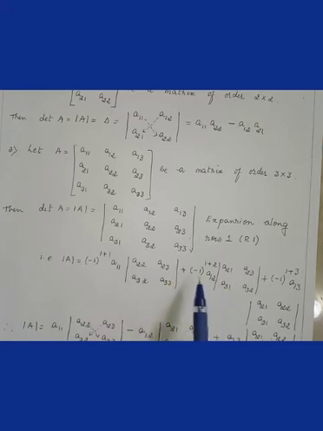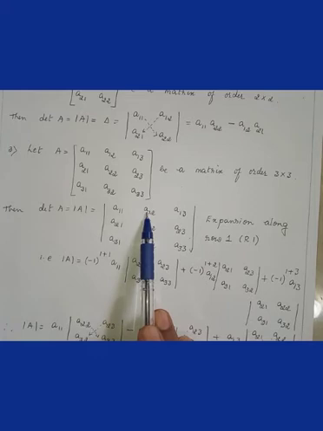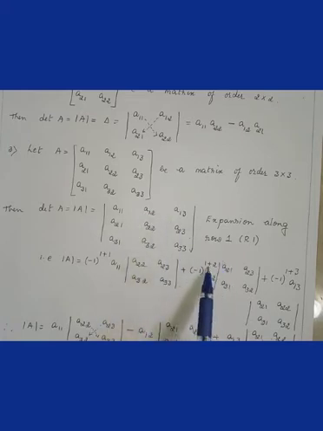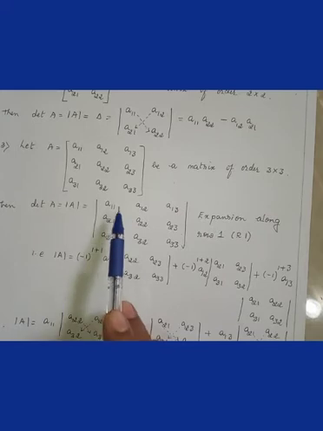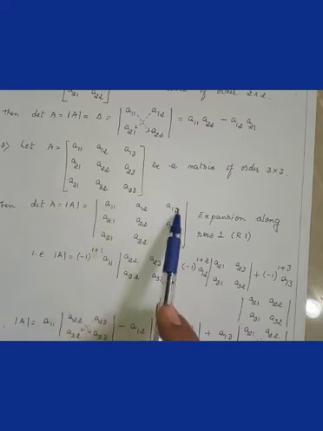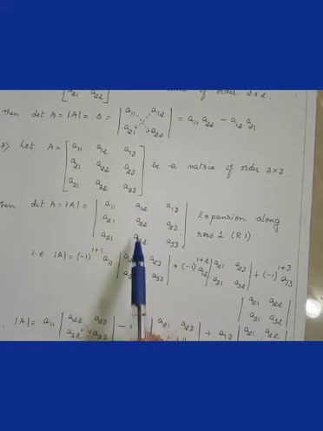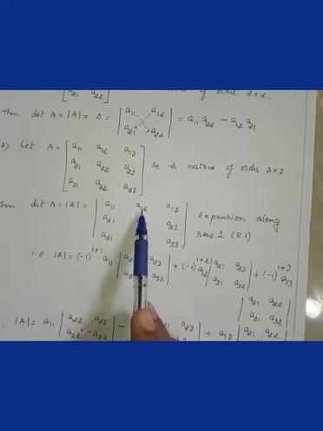Plus, again minus 1 to the power 1 plus 2, for A12, right? Minus 1 to the power 1 plus 2, A12. Again, delete the first row and second column in which the entry A12 lies.